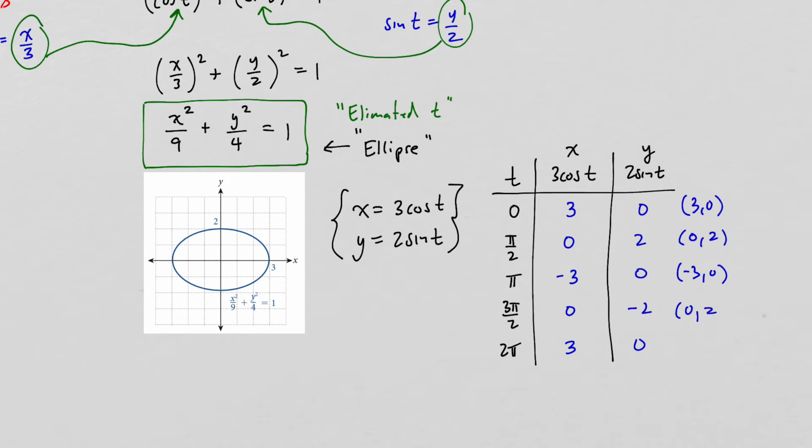And what's nice about this is there is a definitive order to the points that we're getting. So in other words, when t was equal to 0, that gave us this point right here.